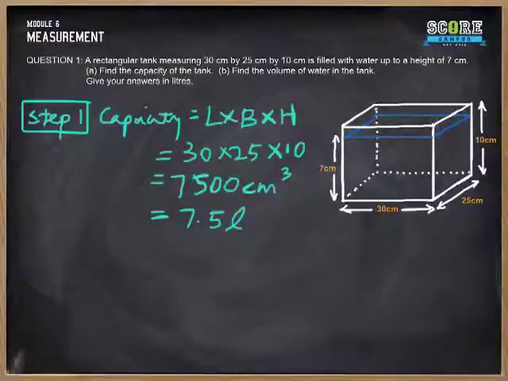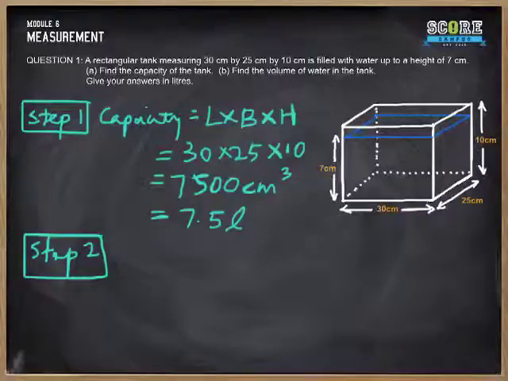Let's look at part B. Let's find the volume of water in the tank. Okay, just now you calculated the capacity of the container. Now is the volume of the liquid, the volume of water. Same thing: length times breadth times height. Look at the diagram. The water level stops at 7 cm.